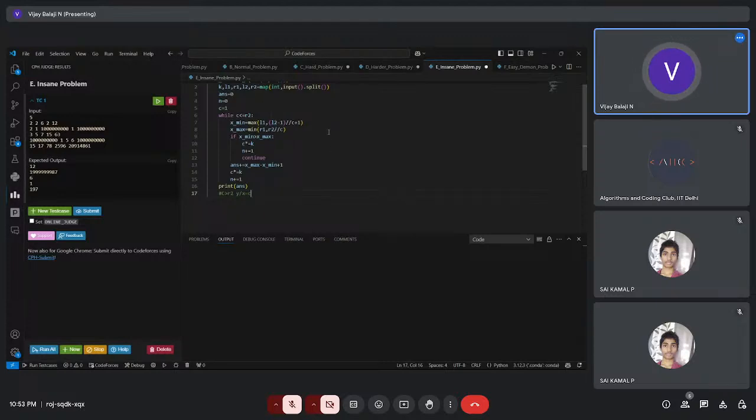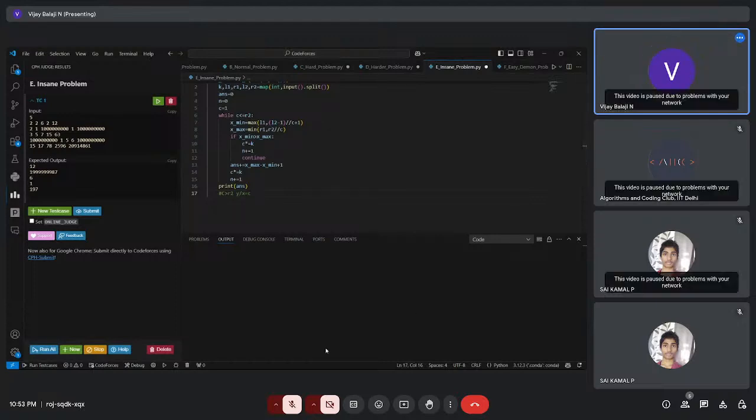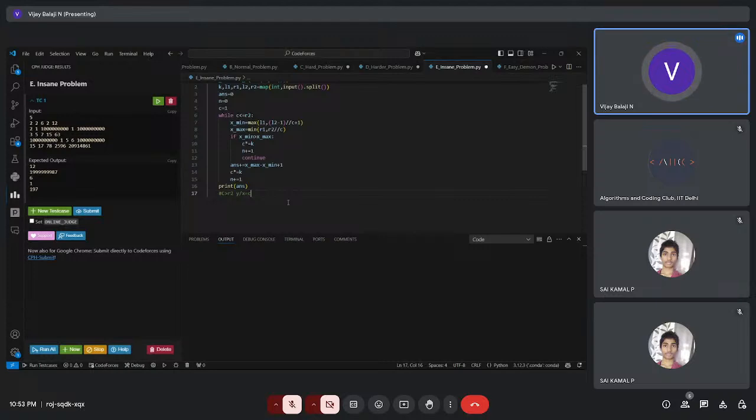This is because when the line y is equal to cx meets the lines x is equal to L1 or y is equal to L2, whichever is the minimum point, x-min will be the point where the line y is equal to cx and these two lines meet.